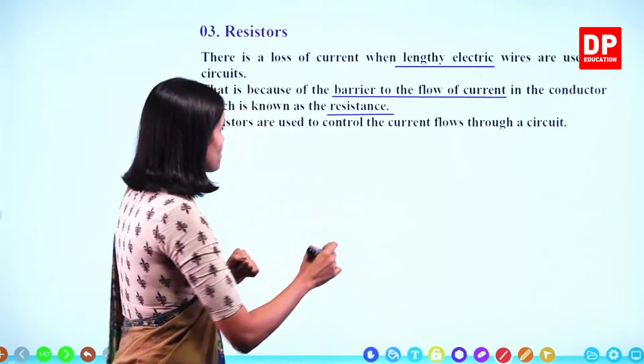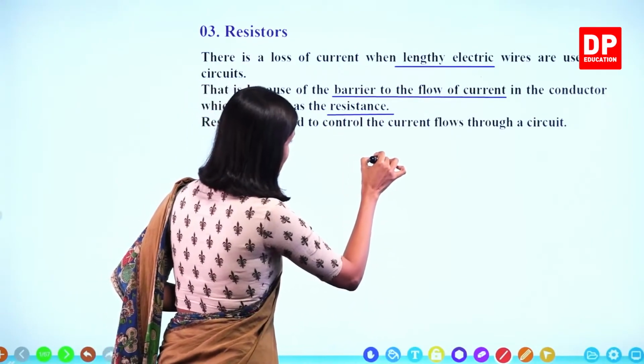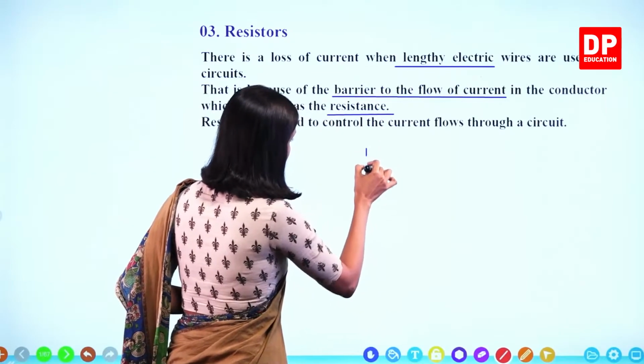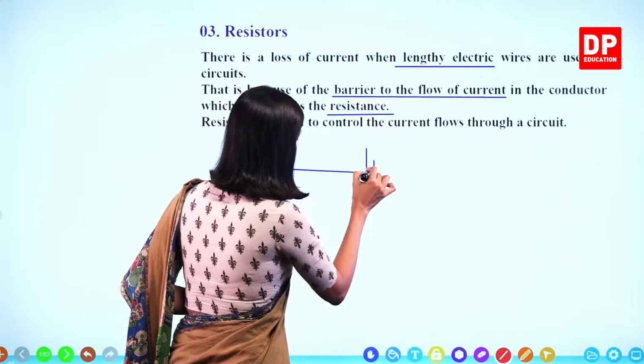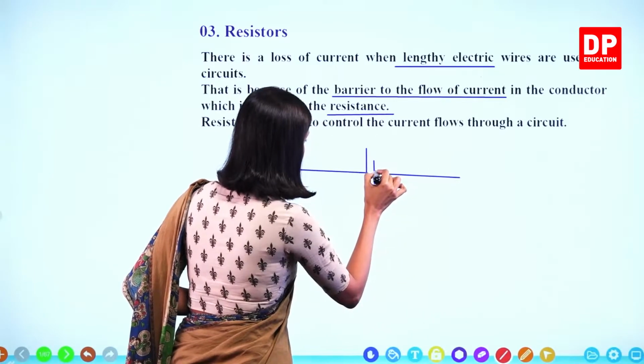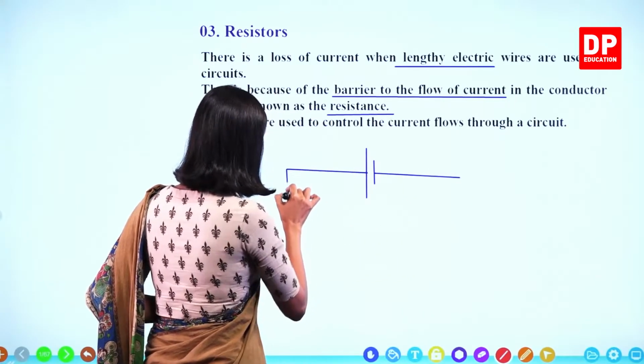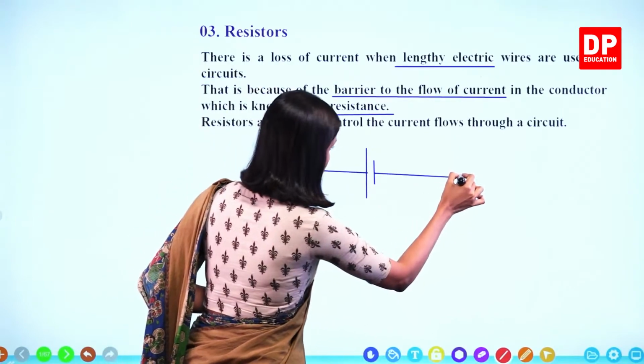So you all know that when we make circuits, if I draw like this with a dry cell and connective wire, we can make a circuit like this.